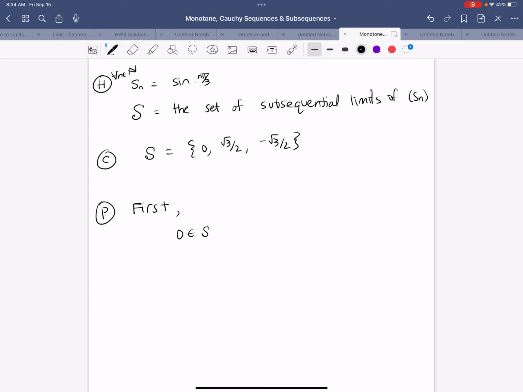0 belongs to S because, and then I would say, let Snk equal 0, 0, 0, right? Has a sequence going to 0. So each nk could be equal to 3k.